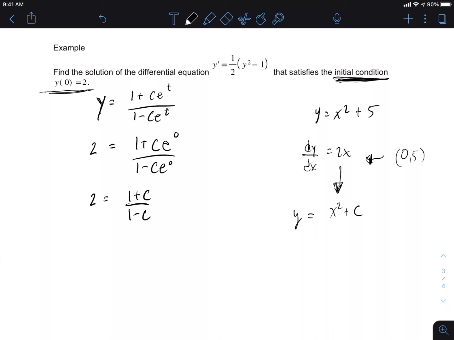Because if the derivative is just 2x, it was all those parabolas, right, shifted up and down that had a derivative of 2x, correct? That's correct. But once I give you an initial condition, I'm giving you the specific solution.